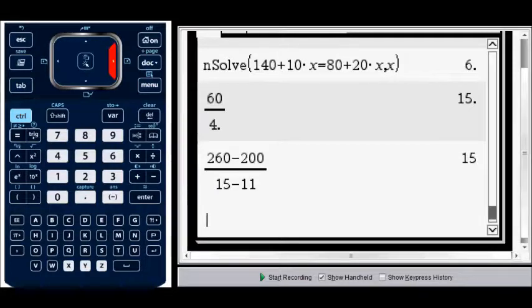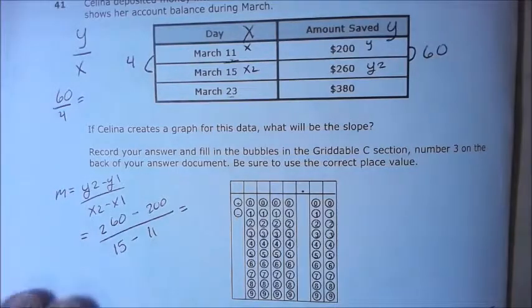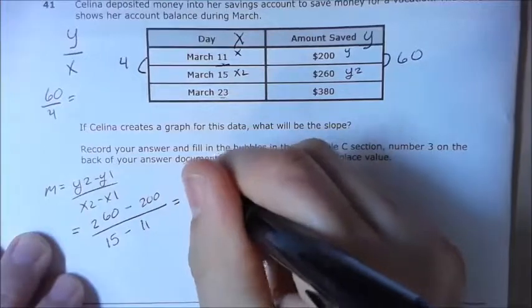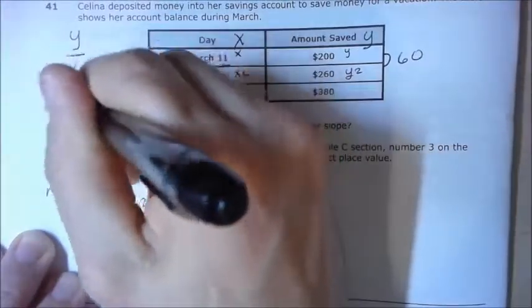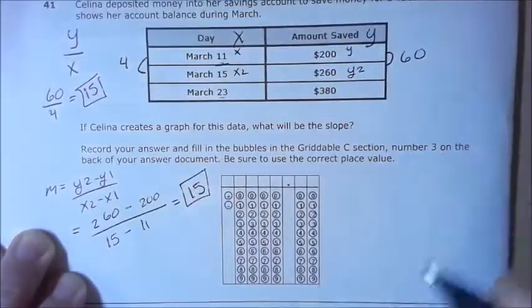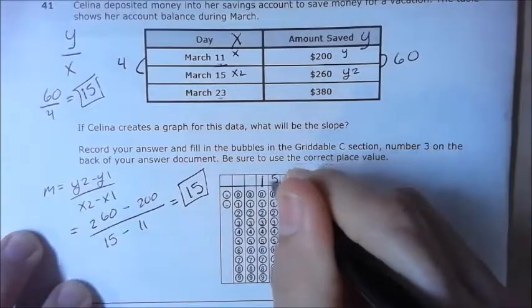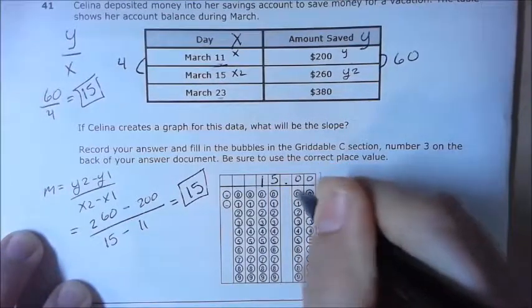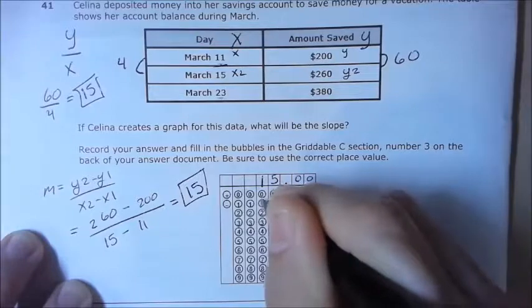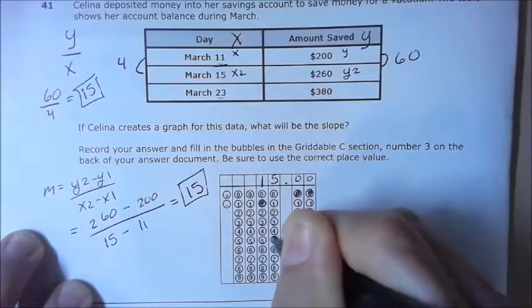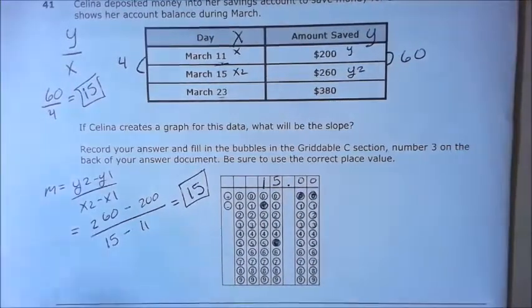So two different ways, but do whichever you prefer. But you can never go wrong with the two ordered pairs, and I like remembering that because you'll use that quite frequently in high school. It'll get you prepared for what you're going to be doing pretty soon. So let's write that value down. Our answer was 15. That is our slope. Let's put that in our griddable. So we got 15.00, 1 and a 5. And let's move on to our next question.